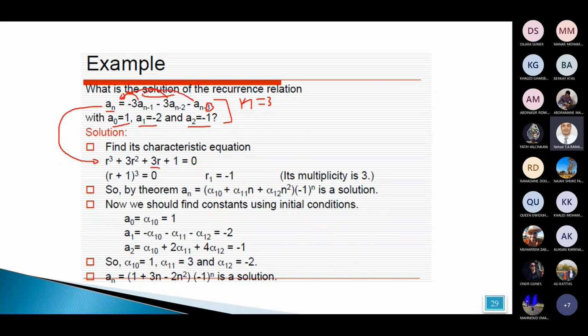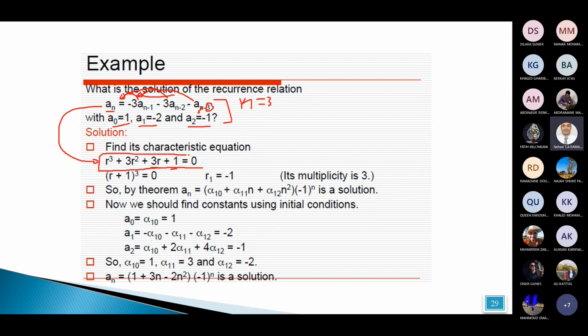Here, the minus goes to the other side and becomes plus 1, because 3 minus 3 is 0, so r power 0 is 1, equal 0.